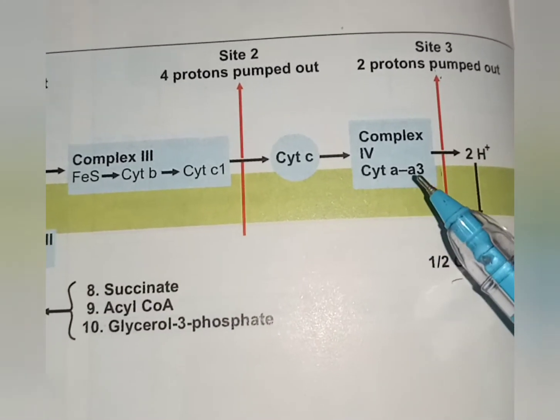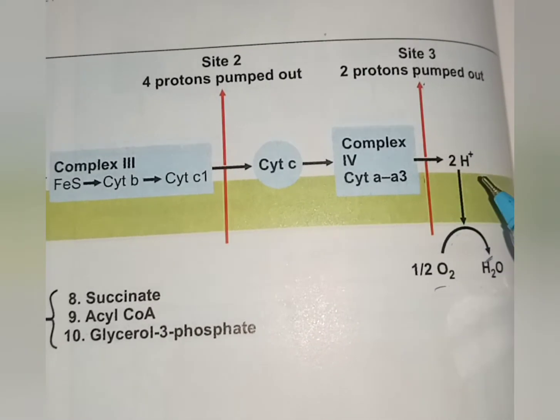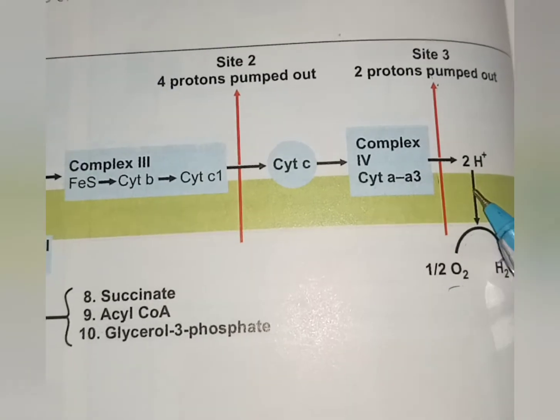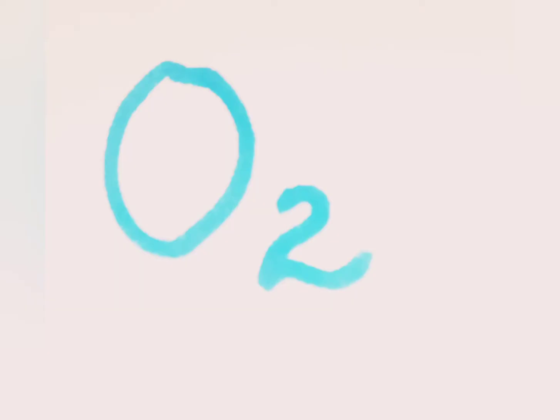Now complex 4 is transferring its electrons to oxygen, and you know that the final electron acceptor is none other than oxygen. You must remember this. This question has been asked multiple times in the NEET exam. The final electron acceptor is oxygen, and the protons will be passed to ATP synthase from F0 to F1.